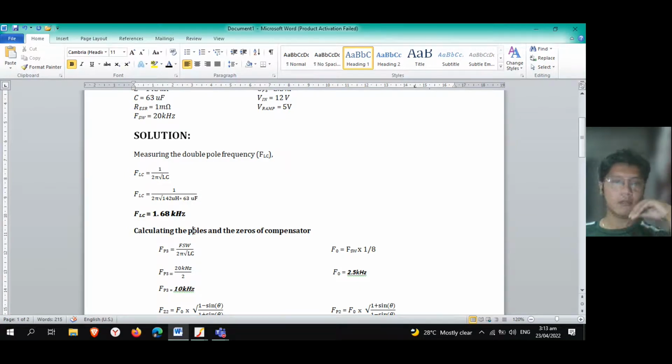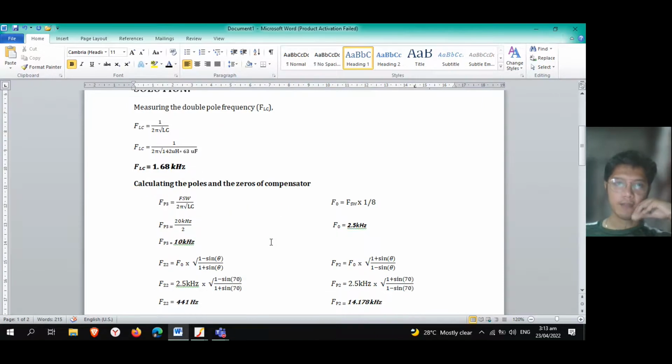Next is calculating the poles and zeros of the compensator. For FP3, the formula is FSW over 2.